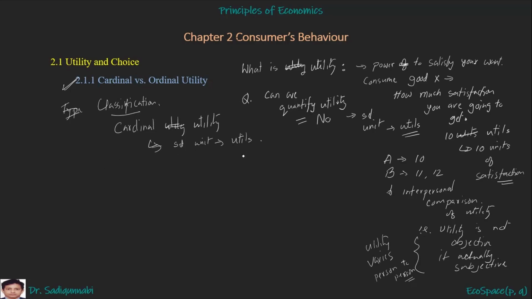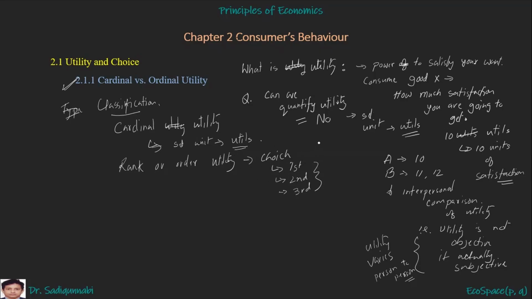But because there is a problem of interpersonal comparison, we cannot say that we can set a unit called utils, but we can rank or order utility in such a manner that the choice can be said as first choice, second, third, etc. Choice can be classified like this.